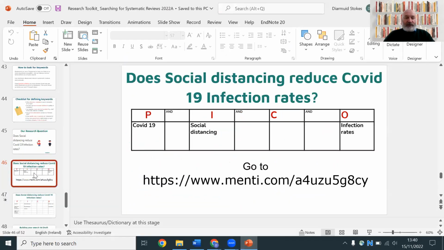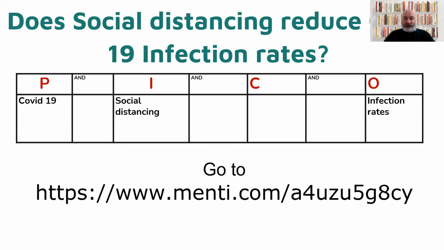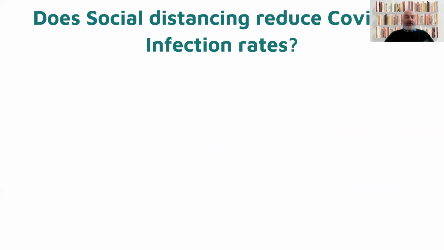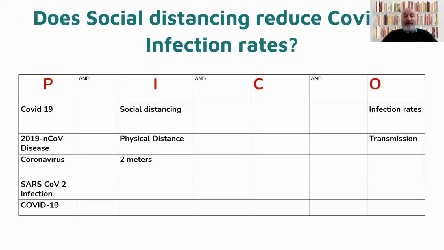We'll go back to our presentation. So we got some of those. I got COVID-19, 2019 nCoV disease, coronavirus, SARS-CoV-2 infection, social distancing, physical distance, 2 meters. I think we got all of those ourselves. And then for infection rates or transmission.